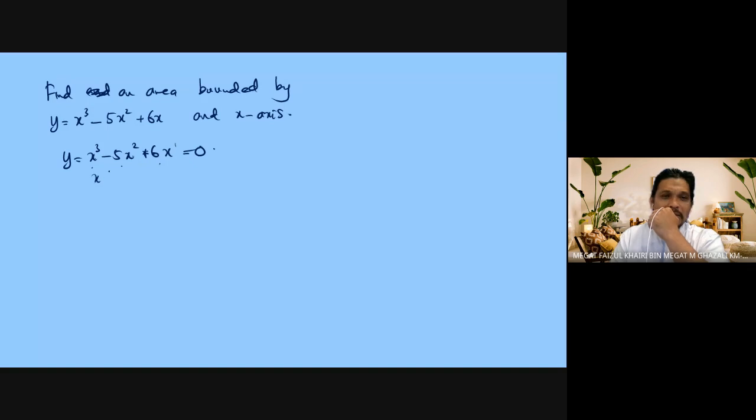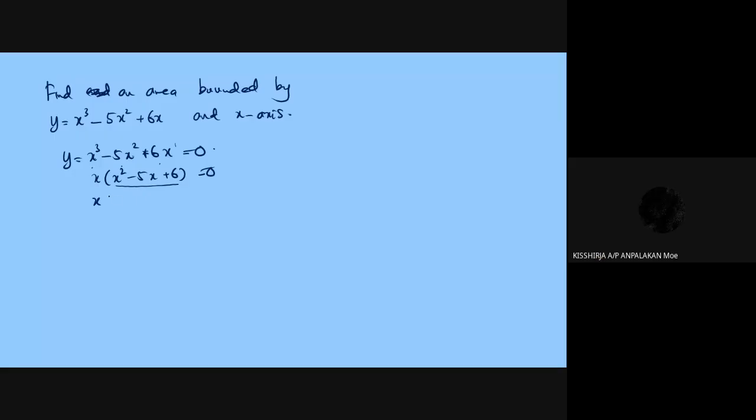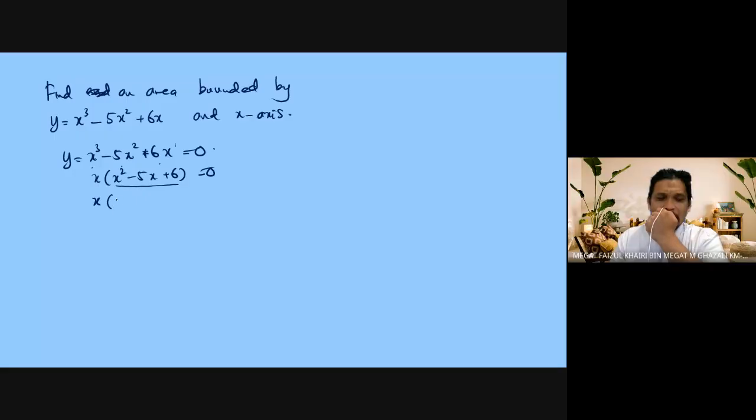So take out x, and then we get x squared minus 5x plus 6, make it equal to 0. Now, is it possible for us to factorize this to get another two linear factors? Yes. Okay, x minus 2 and x minus 3 equal to 0.